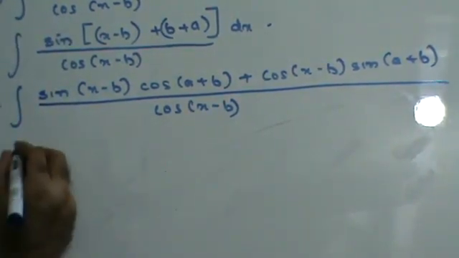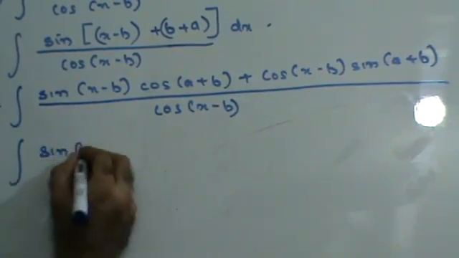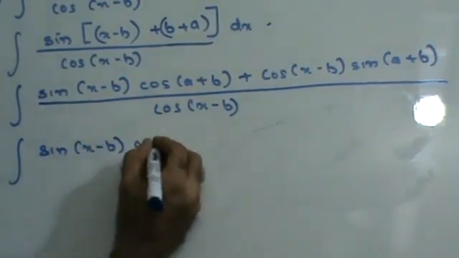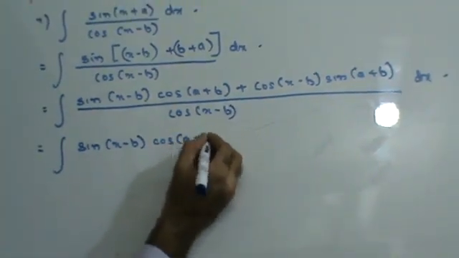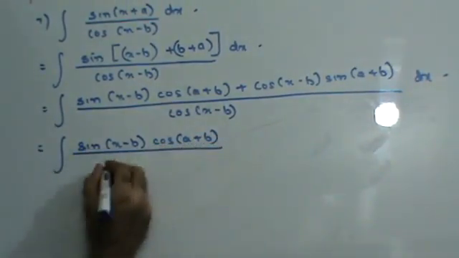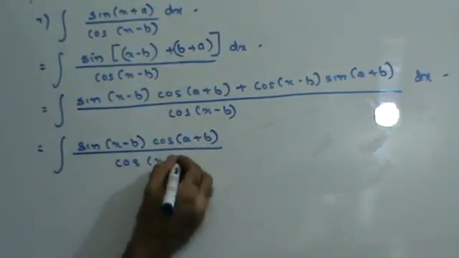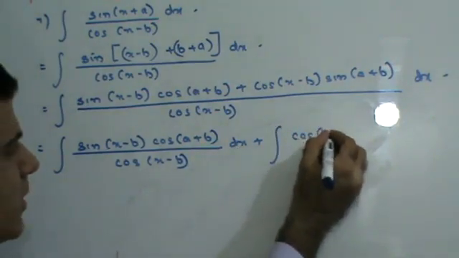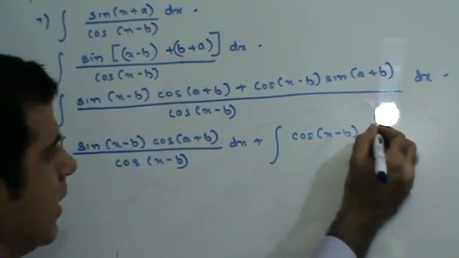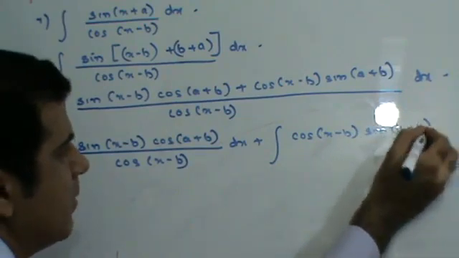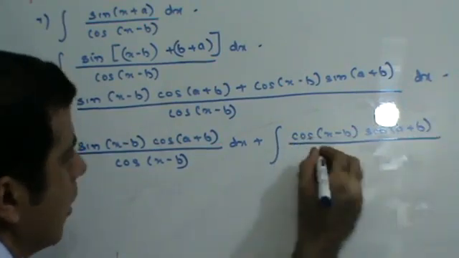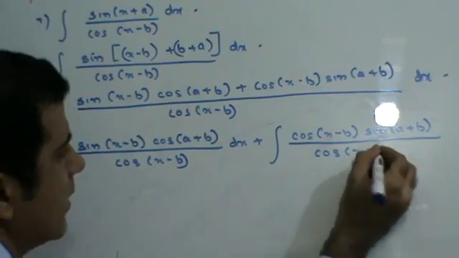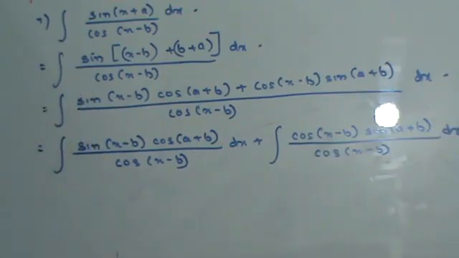Split the numerator, so this will be integral of sin(x minus b) cos(a plus b) upon cos(x minus b) dx, plus integral of cos(x minus b) sin(a plus b) upon cos(x minus b) dx.